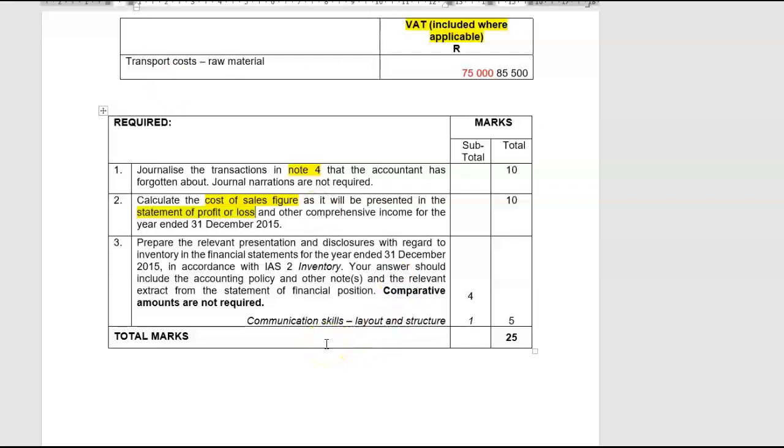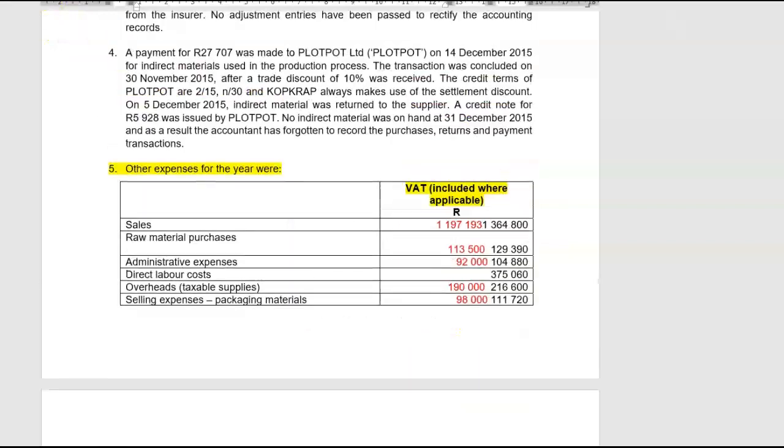He wants to see actual profits, actual costs, actual value of inventory. And then prepare the relevant presentation and disclosures with regards to inventory in the statement of financial position in accordance with IAS 2 as of 31 December 2015.